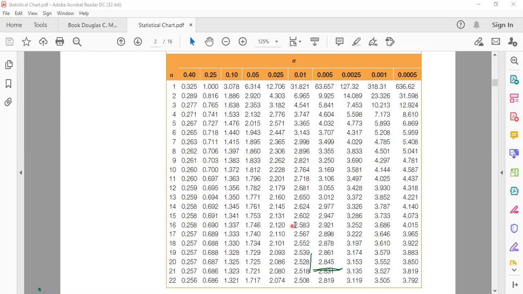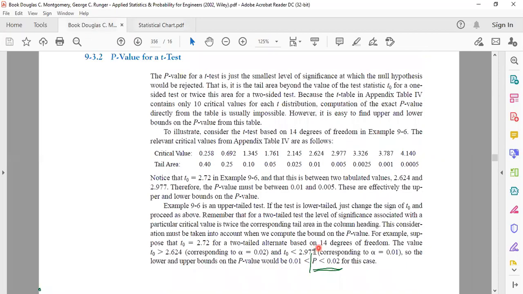But here my testing is actually not two-tail testing. My testing is actually one-tail testing, and therefore there will be a little bit of change in the analysis. The analysis which I am showing you is because this two-tail test has been considered, for which the p-value came out to be lying between 0.01 and 0.02.